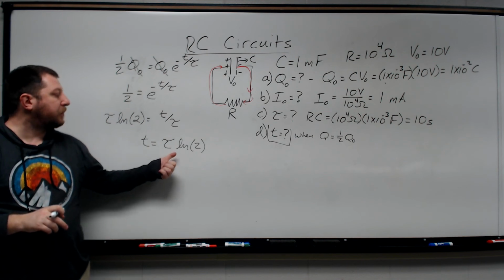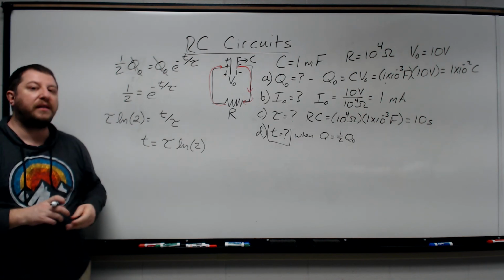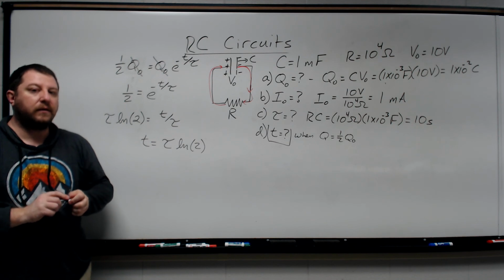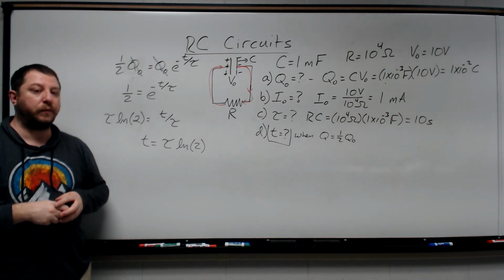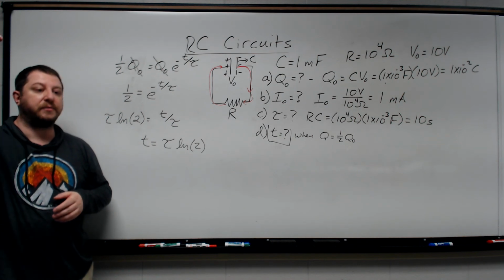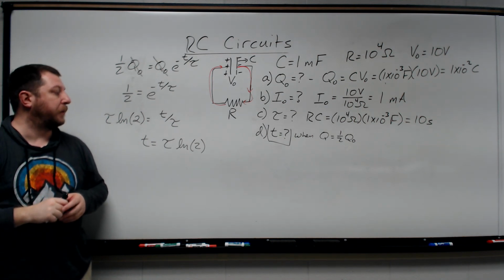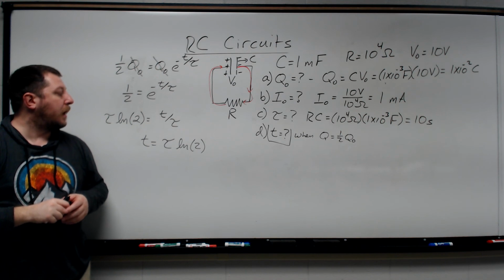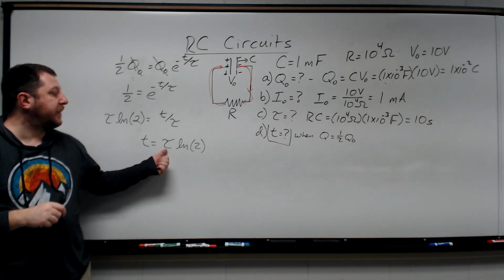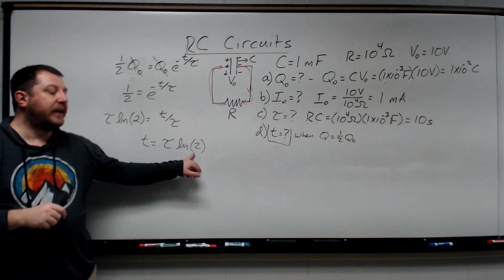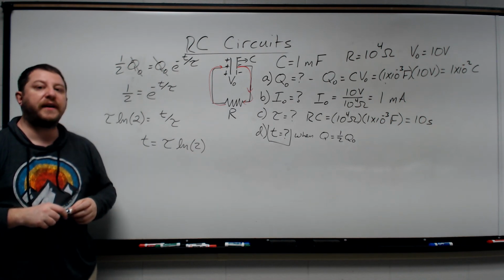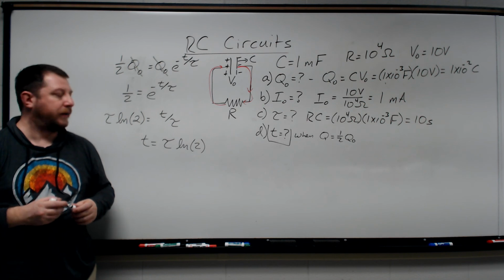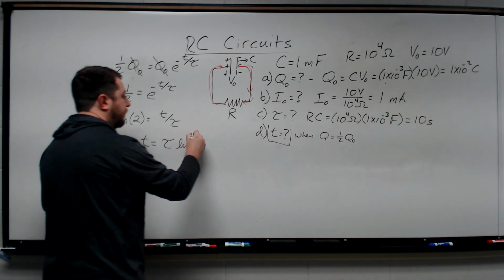This is the amount of time it takes for the system to drop its values by a factor of 2, or it dropped from its original value to half of its original value. Okay? So since we know what RC is, 10 seconds, if you take the natural log of 2, you should find it's like 0.693 or something like that, if memory serves.